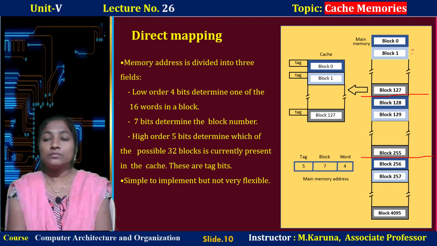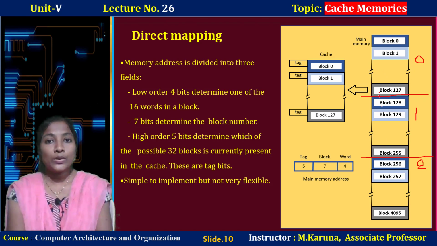This group is assigned to tag 0, this group is assigned to tag 1, and so on, tag 2. Like that, the entire set of blocks is divided into 32 groups. Each group is assigned some tag: tag 0, tag 1, tag 2, like that.